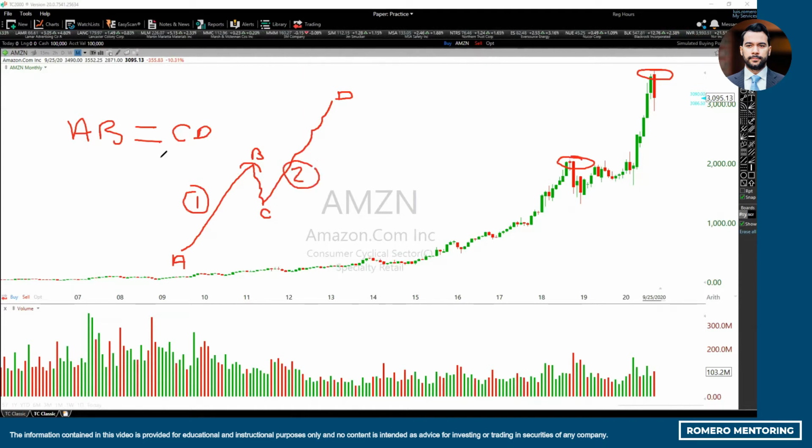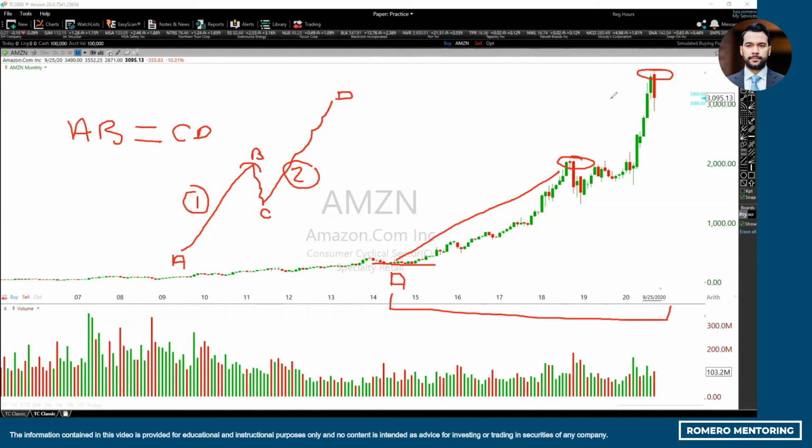Now, how does this apply in real practice? Let's look at Amazon. If we see the initial A point on Amazon, we can draw it right here. We can say that this is the A point, all right? And it had a nice circular bull move for several years. How many years? Well, if we take the middle of 2014 all the way to now, this is 5.5 years of a circular bull move on Amazon.